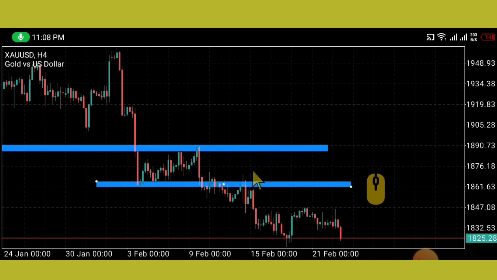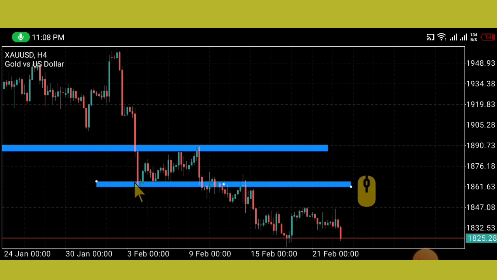I knew that we are going to be selling off the gold. So we are going short. And you can see we have long wicks. So the first thing is, is the market trending? Yes. Are we seeing lines of support and resistance? Yes. Are we seeing the pullbacks, the retracements? Yes.